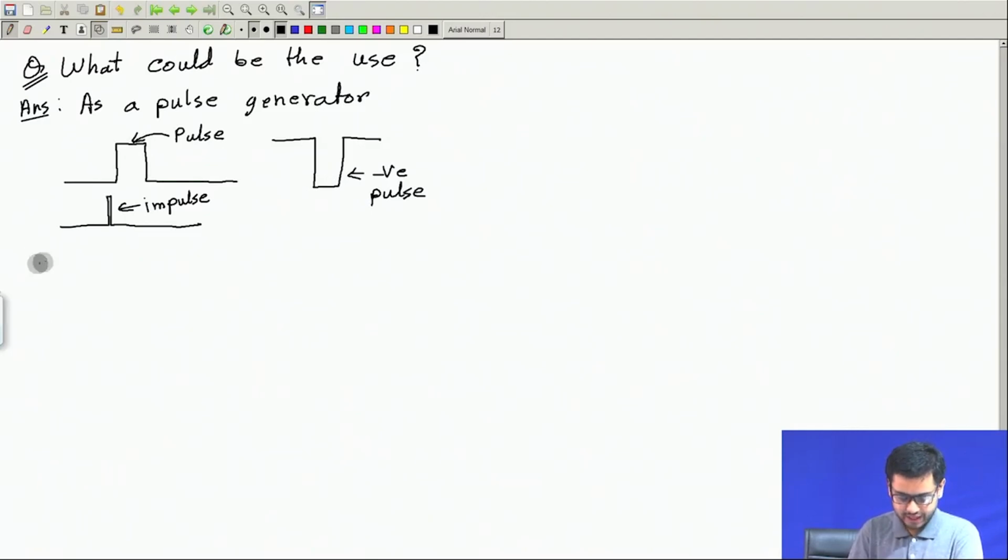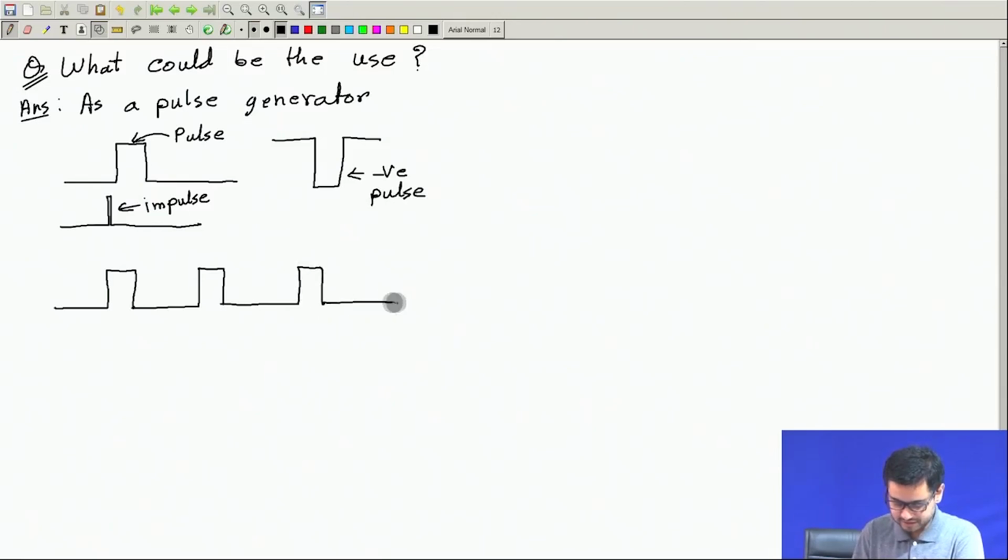And so we can also have a pulse train, which means a repeated sequence of pulses. This is a pulse string. This type of signal is often very useful in many laboratory experiments to generate this train of pulses.